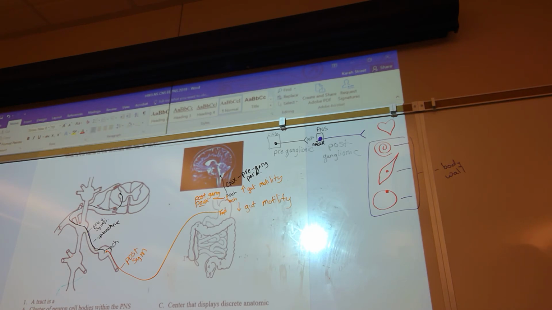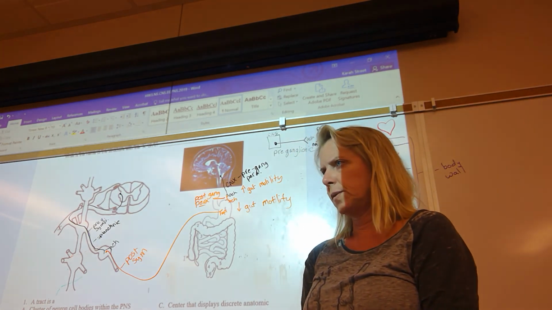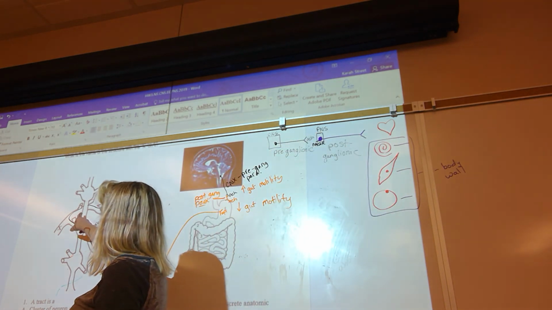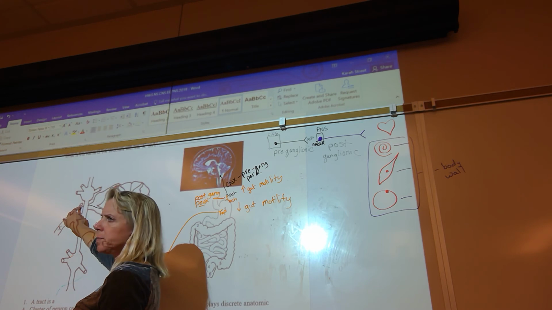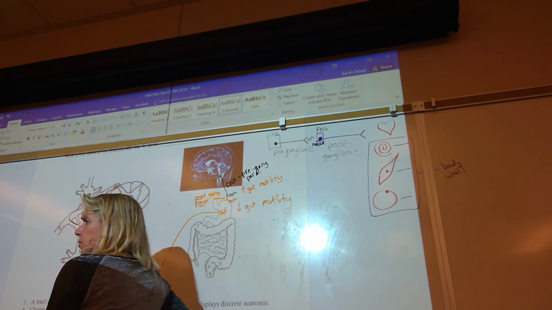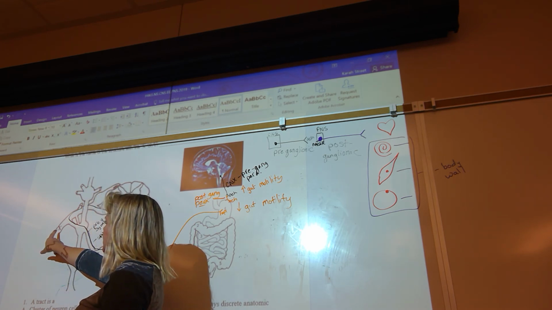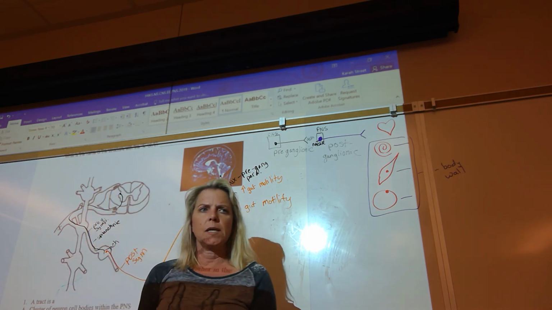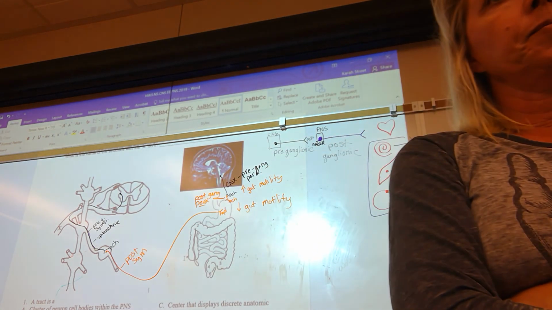The name of where the X is, is an anterior primary ramus. It is the bigger branch coming off of the spinal nerve. Remember, the small one back here is the posterior. There aren't very many structures behind your spinal cord. So that's an anterior primary ramus, and it says what fibers would be found here.